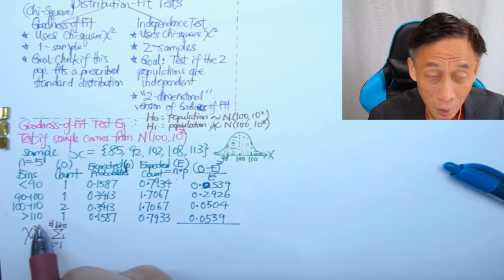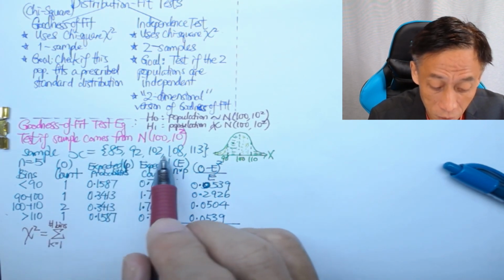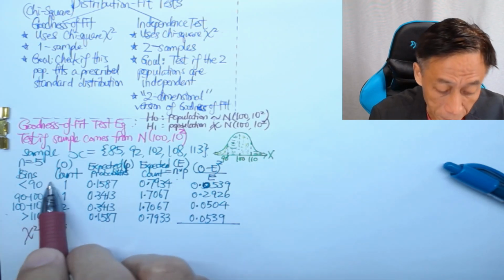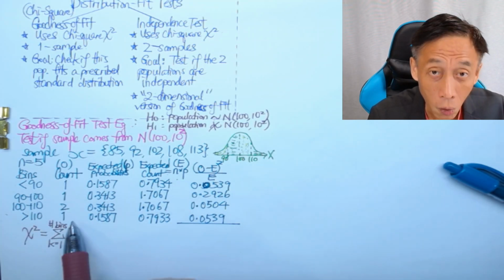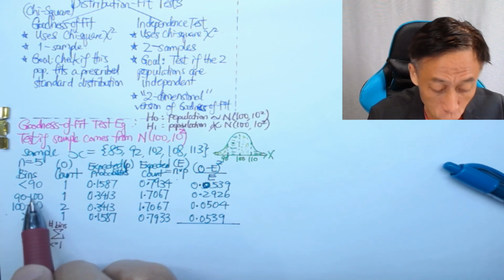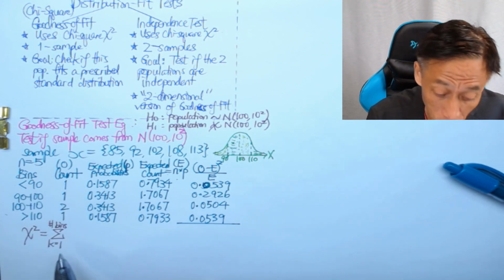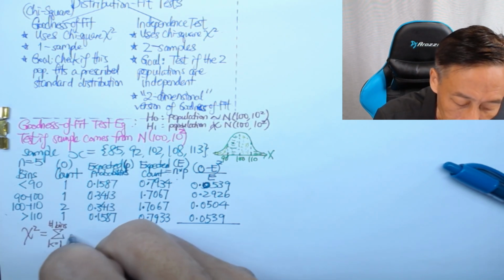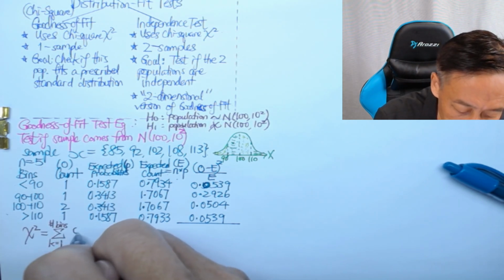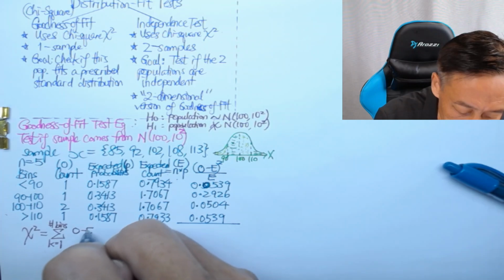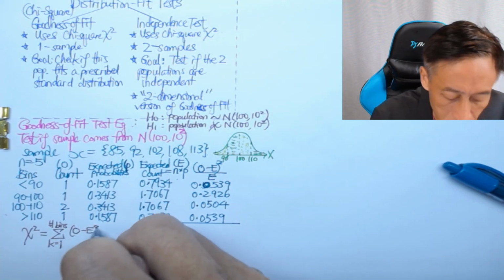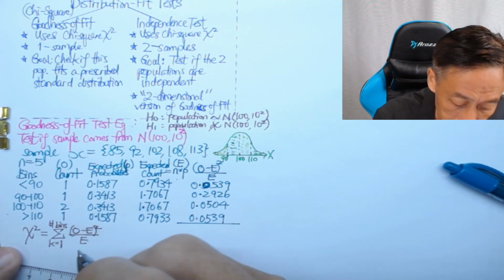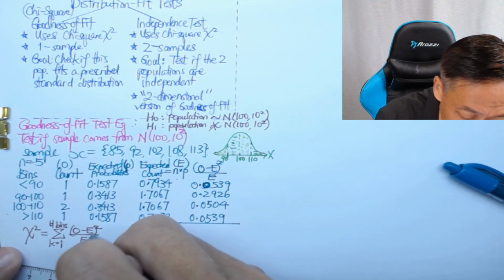Notice that n is 5. This is what is used here. But number of bins, that's 4. And could be lesser if we choose to bunch them up. Also, you need to watch carefully, right? Number of bins. The error term here, so O minus E squared over E, for each of the K.